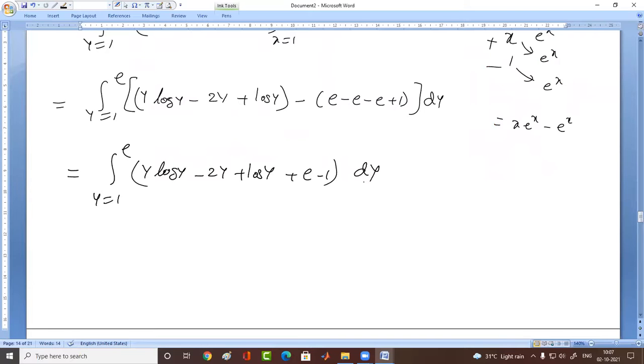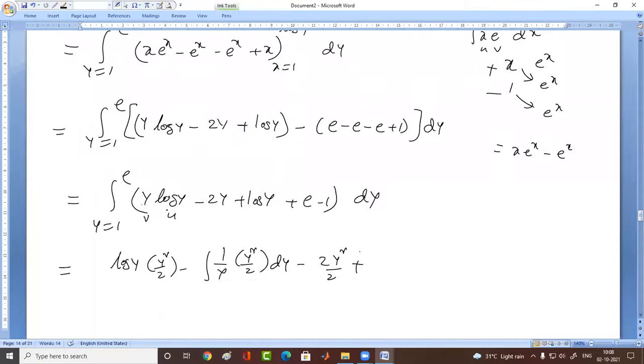Okay, again integrate using the uv formula. This is u, this is v. Log y, the integral of y is y square by 2, minus the integral of the derivative of u, 1 by y, times y square by 2 dy, minus 2y square by 2. And the integral of log y is already known. So y log y minus y plus ey minus y, limits 1 to e.